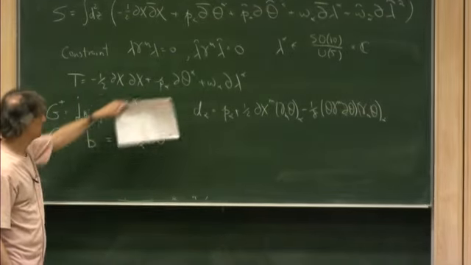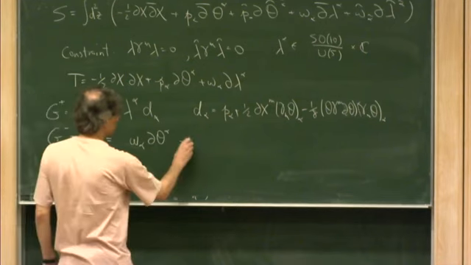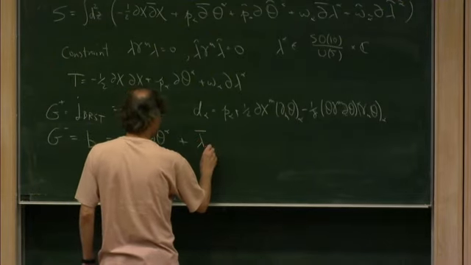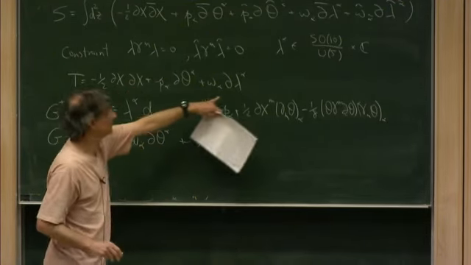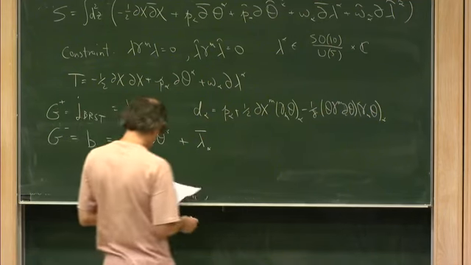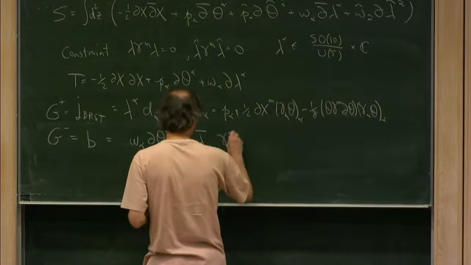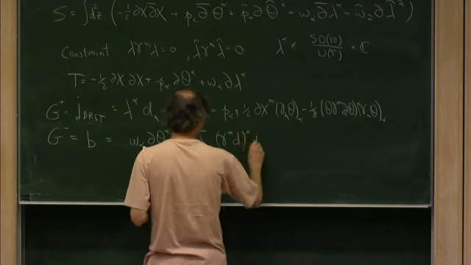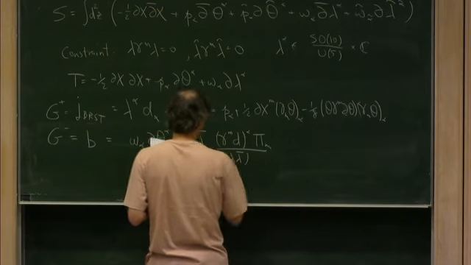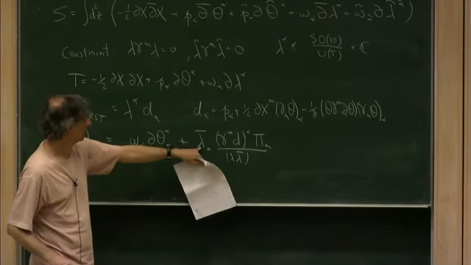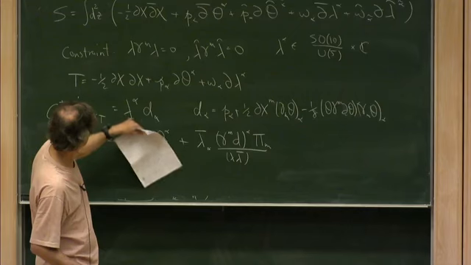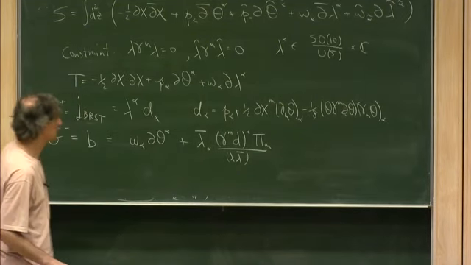But in order to generate this term, you have to introduce a fixed pure spinor. So I'll call the fixed pure spinor lambda bar alpha, which has the opposite chirality from lambda alpha. Okay, so the term you have to add is of this form, and you have to divide by this lambda lambda bar in order that when you contract it with this lambda d, it gives you this dx dx.